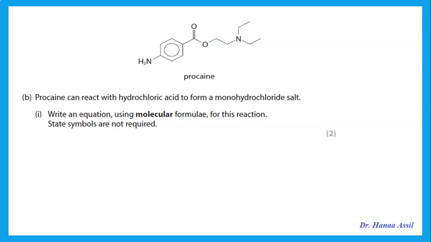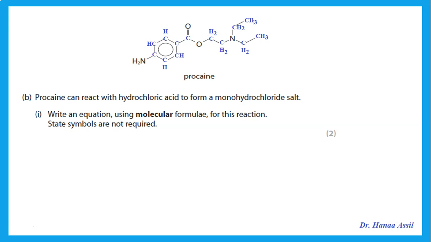Procaine can react with hydrochloric acid to form a monohydrochloride salt. So write an equation using molecular formula for this reaction. So what are we starting with? We're starting with this one. So I need to determine what is the formula. So this is how we decide the formulas. We look at the number of carbons, number of hydrogens, and so on.